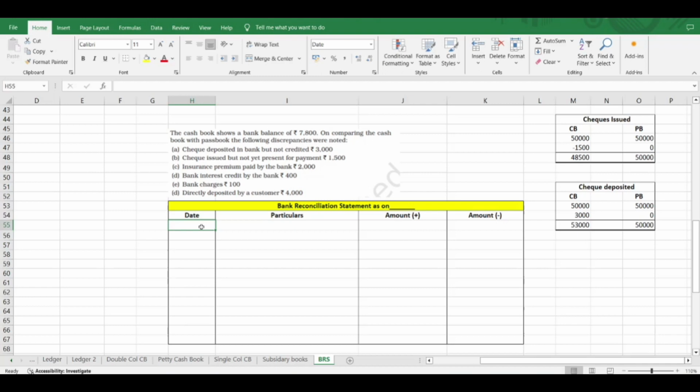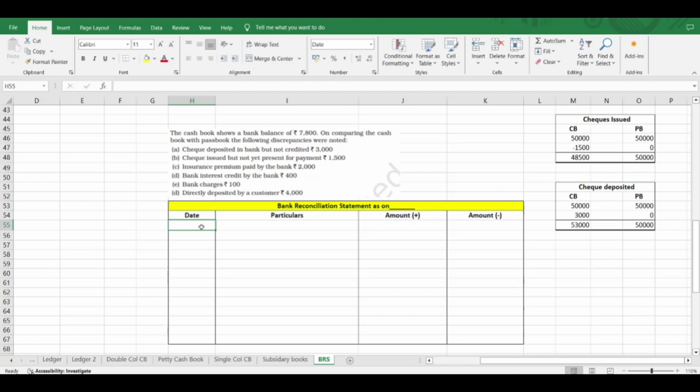Let me first read out the question for you. The cash book shows a bank balance of rupees 7,800. So here the balance as per cash book is given, and we have to rectify and find out the balance as per passbook. It will be a debit balance. If nothing is mentioned, we will consider it as a positive debit balance.